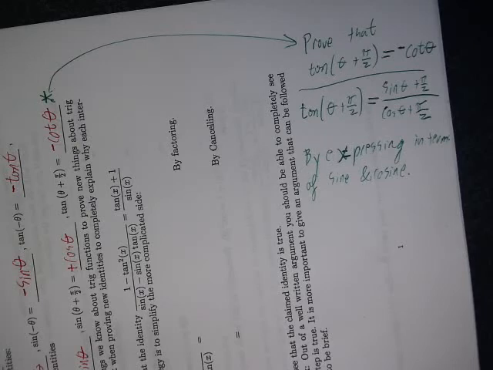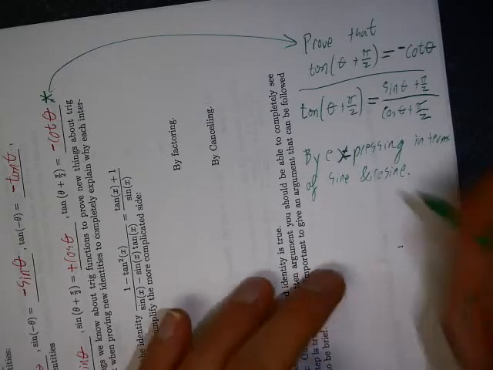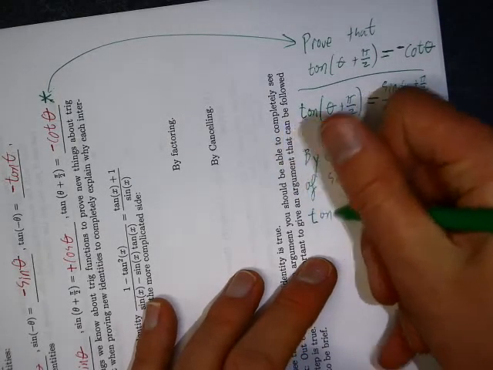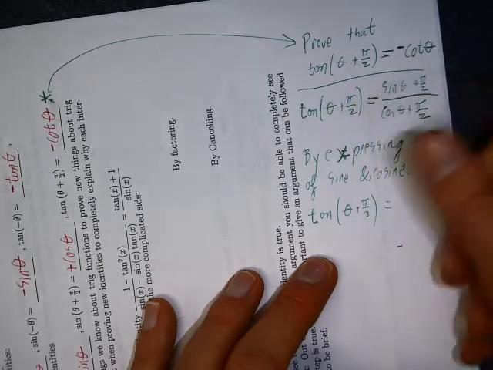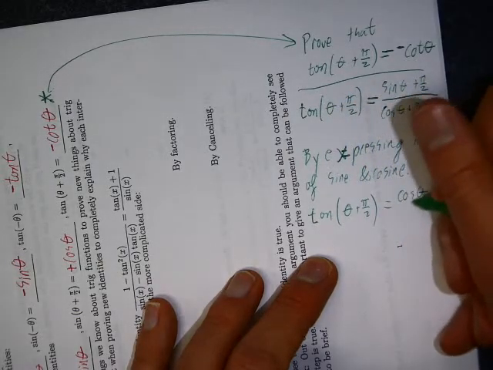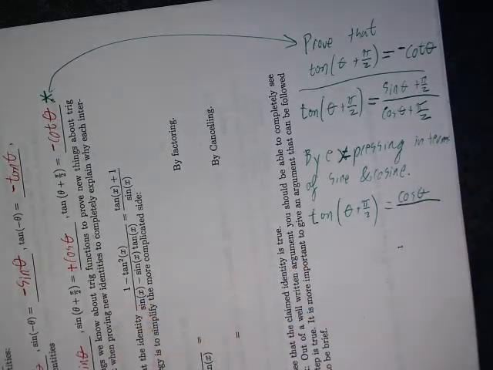All right, but tell me, what's the sine of theta plus pi over 2? Well, it's written down on your piece of paper above, right? What is that? The same as cosine of theta? So that means that the tangent of theta plus pi over 2 is equal to cosine of theta divided by, what's the cosine of theta plus pi over 2?